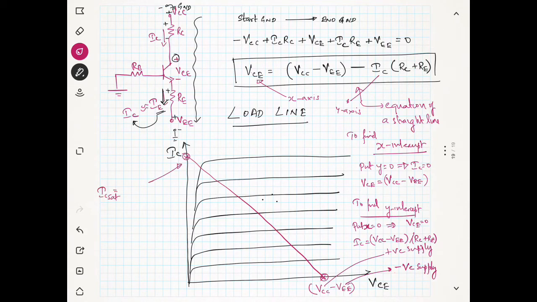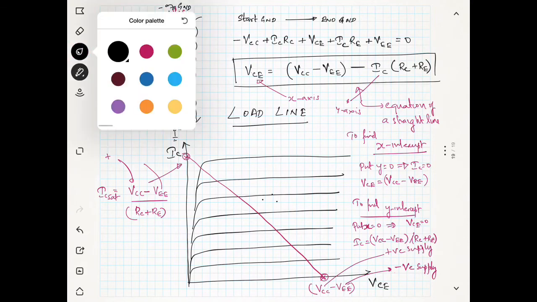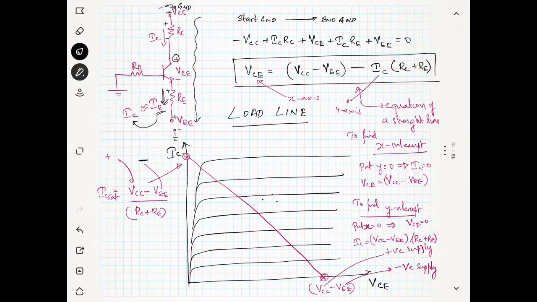IC sat is equal to VCC minus VEE over RC plus RE. Be careful, this VCC is a positive power supply in case of an NPN transistor, and VEE is a negative power supply. So when you apply this, negative of negative becomes positive. That we will explain clearly while doing a problem.